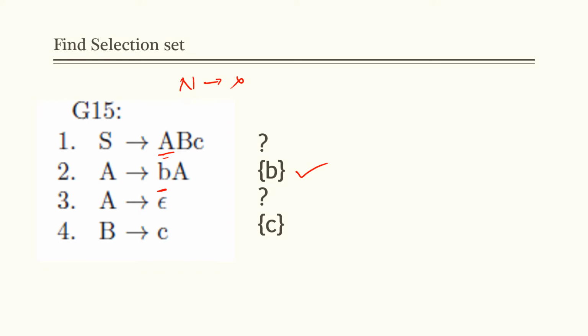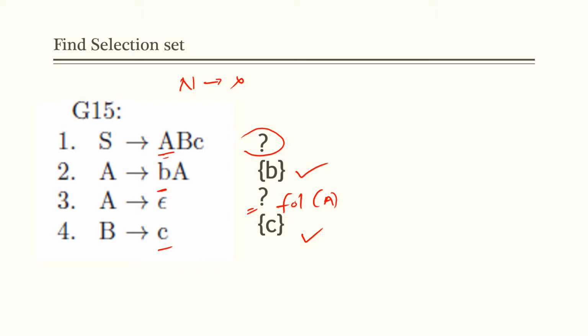In the quasi-simple grammar, we need to find Follow(A) in order to find the selection set for A. That is how you find the selection set. And for rule number 4, the selection set will be C. So in this grammar, we don't know the selection sets for rule number 1 and rule number 3.